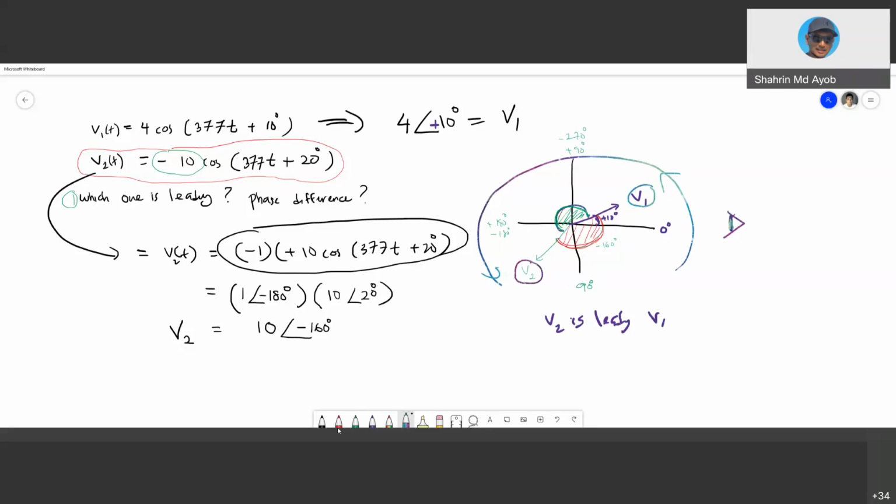But it is wrong, because usually we select the phase difference that is the smallest between these two voltages. So if I use V2 is leading V1, by how many degrees is this one? This one is 160, 170, how many?